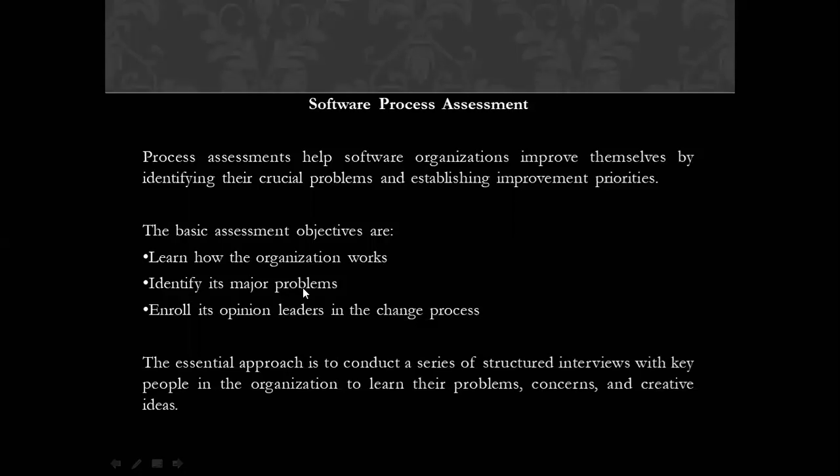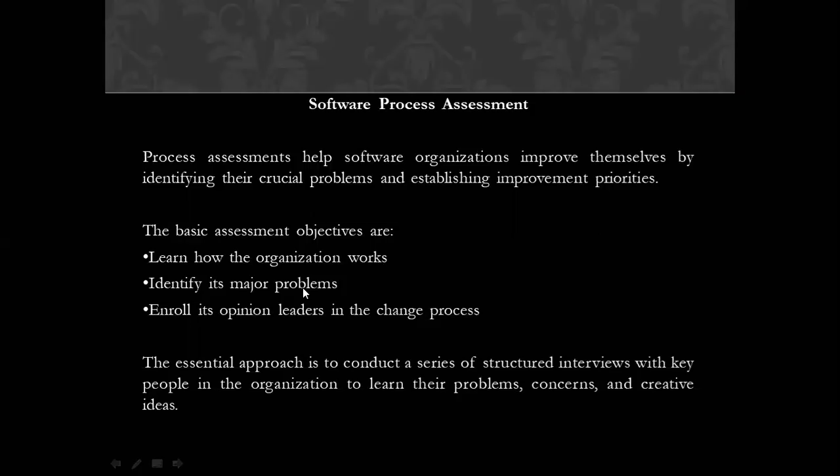There are three basic objectives. Learn how the organization works, first thing, at what level they are on, initial level or the repeatable level or defined level. Generally, an organization starts on level 2 or level 3 only.